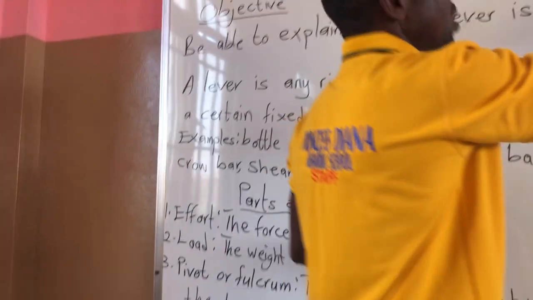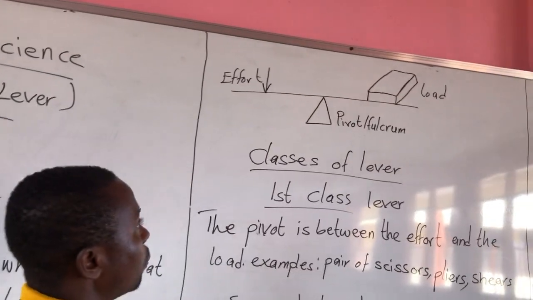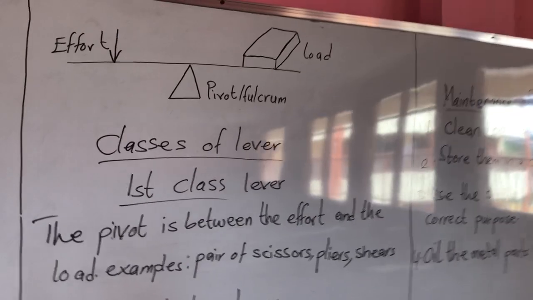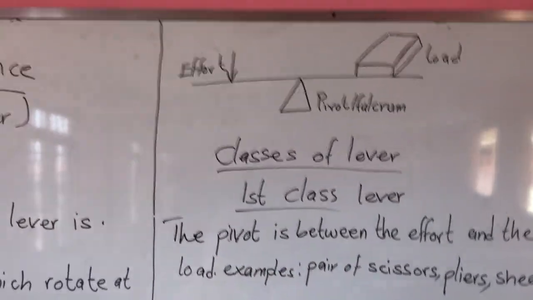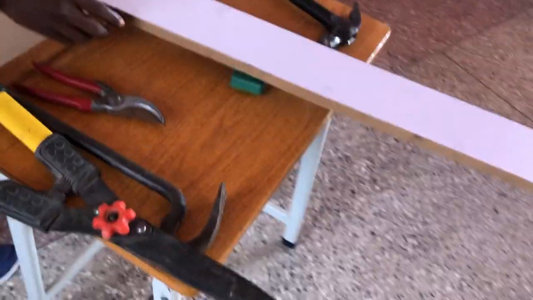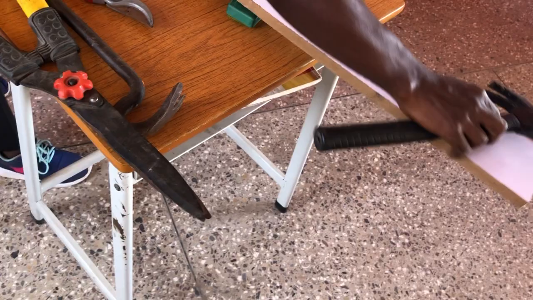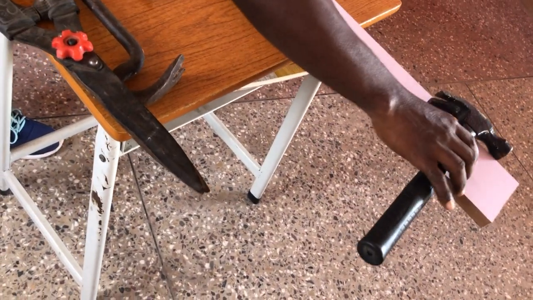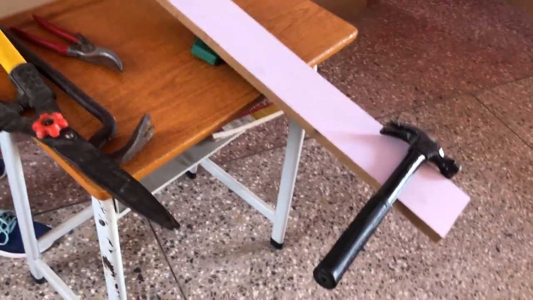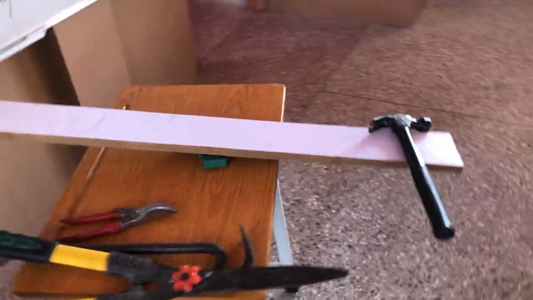Now let's look at this drawing here. It is just something like this. Then we place, this is the load. Or a seesaw, you see, when I leave it, it goes down because it has weight.